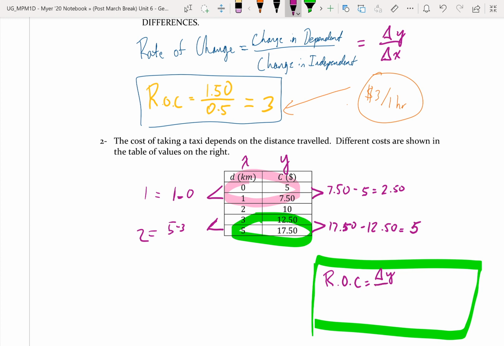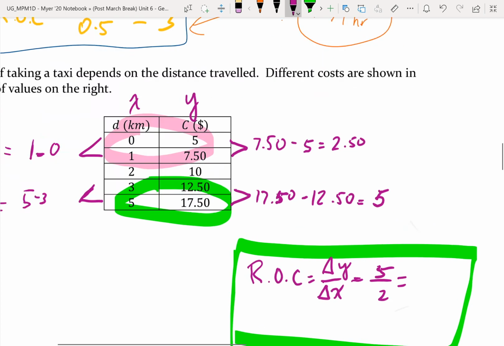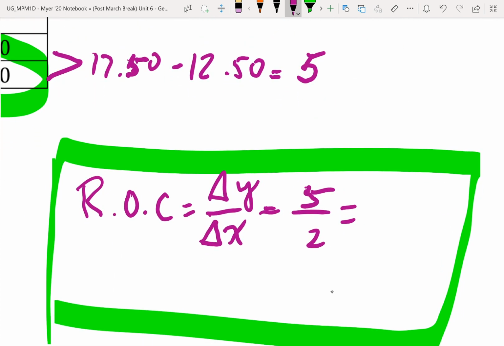All right, so my change in y over the change in x. So in this case here, my change in y was 5. My change in x is 2. So 5 over 2 is 250.